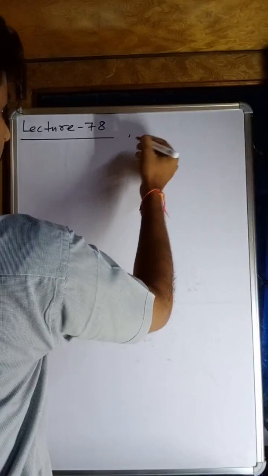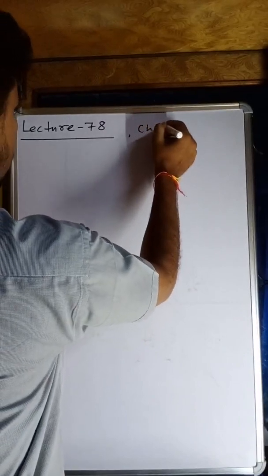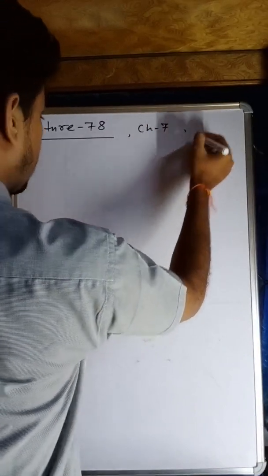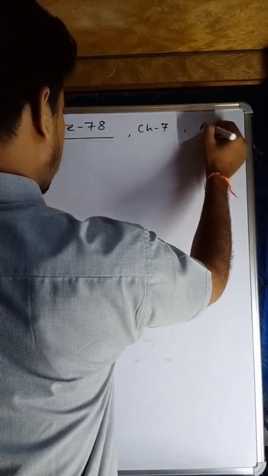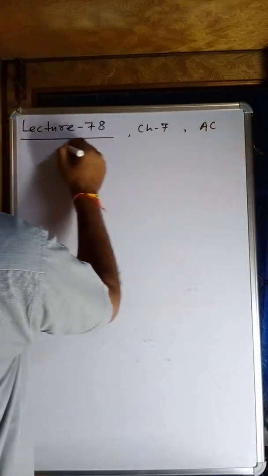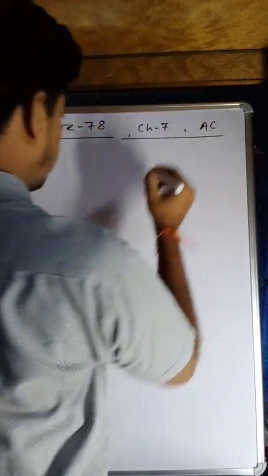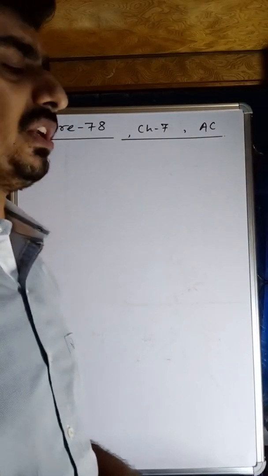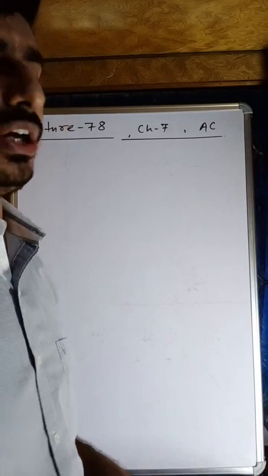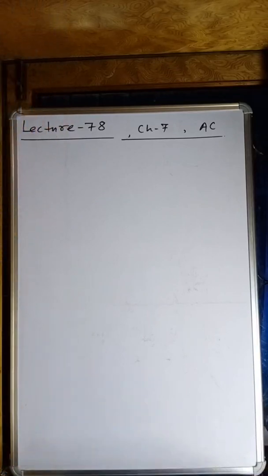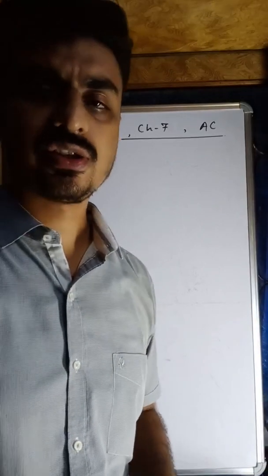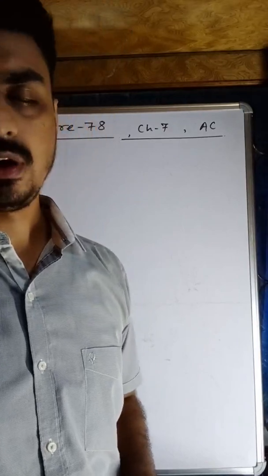Here we are in chapter number 7 of NCERT, alternating current, that is AC. Okay, my dear students, till now we have studied individually all the circuits. It is the AC supplied across resistor, inductor and capacitor one by one.